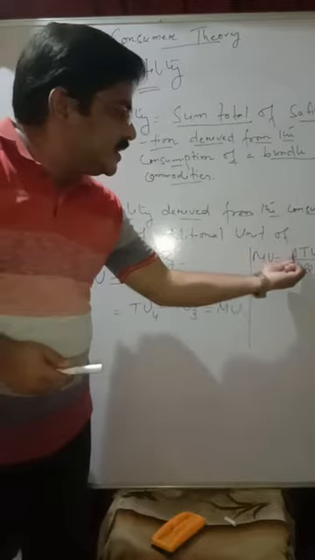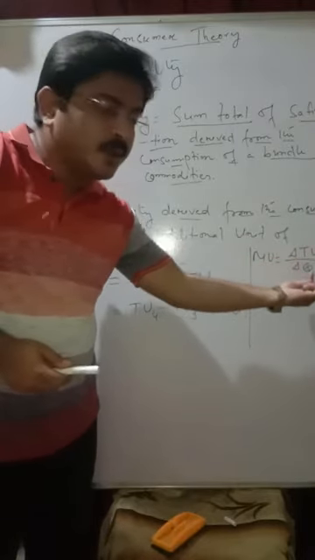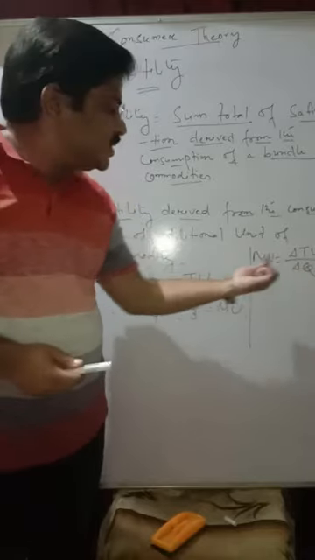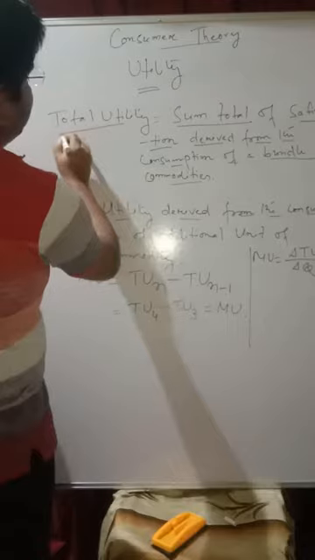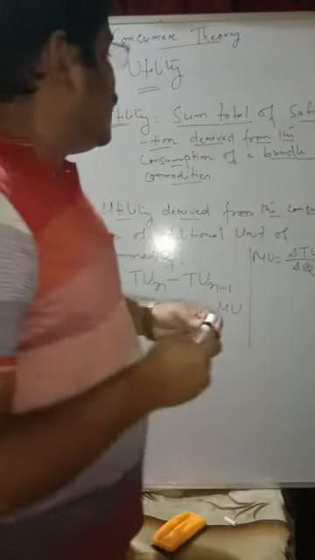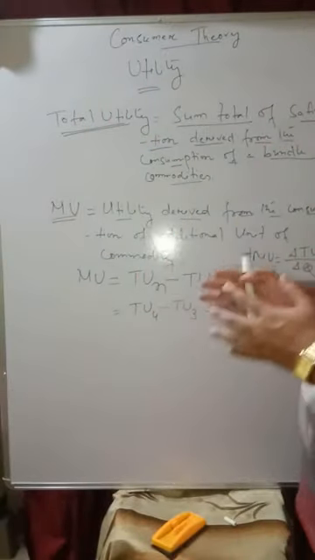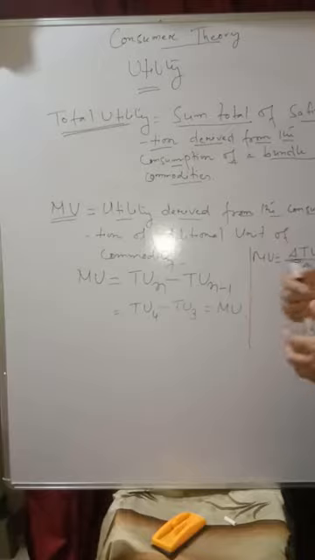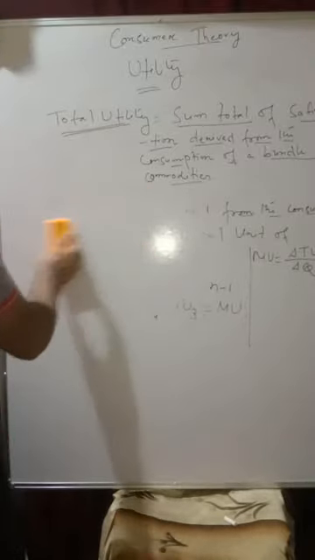So delta TU is the change in your total utility, and delta Q means the change in your quantity. So that is your marginal utility. So this is total utility, that is the grand total of your utility derived from the consumption of a bundle of commodities, and marginal utility, that is the utility derived from the consumption of an additional unit of commodity. So this is your utility, then total utility, and then marginal utility.